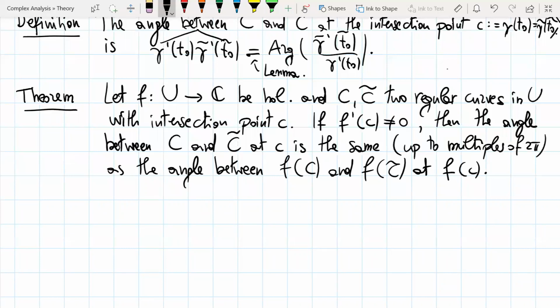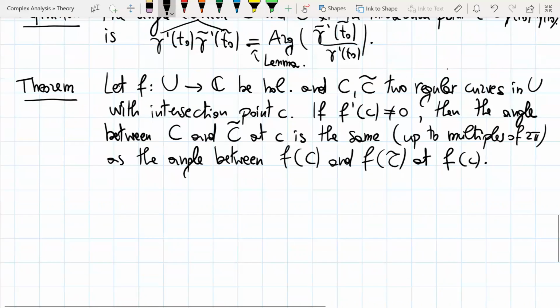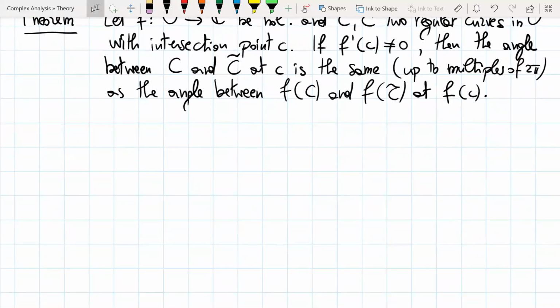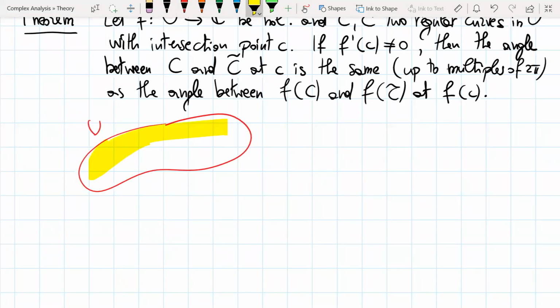Okay, so this is the statement. So let me draw a picture of what we are saying here. This is now my set U, where my function f is defined.